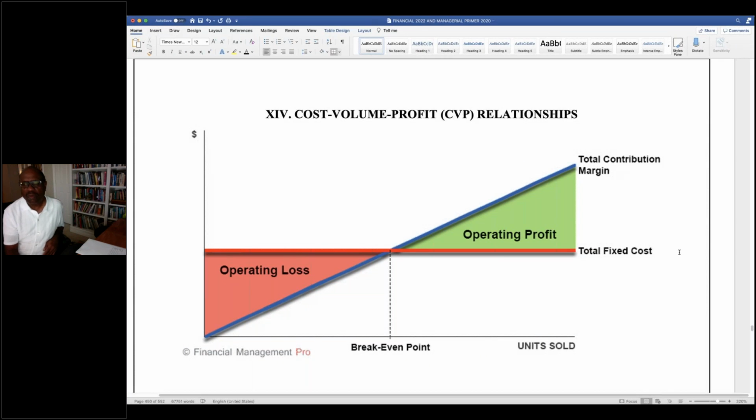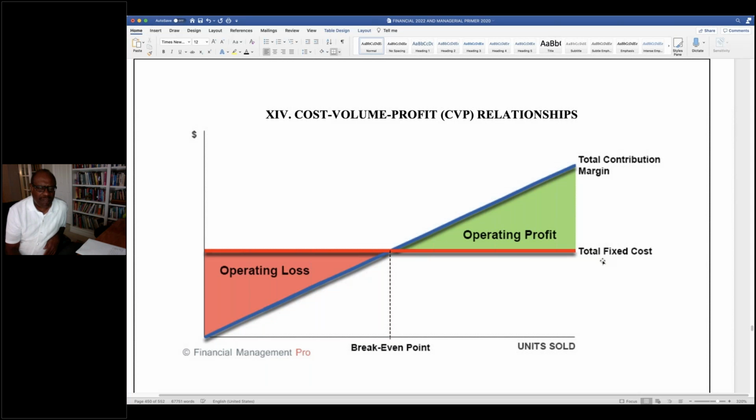Okay, we need to move on to cost volume profit relationships as we begin to move into stage 3 for our product projects.